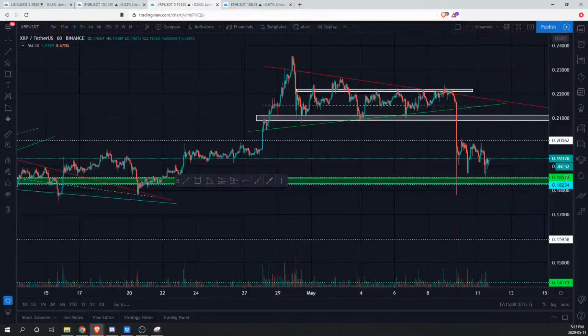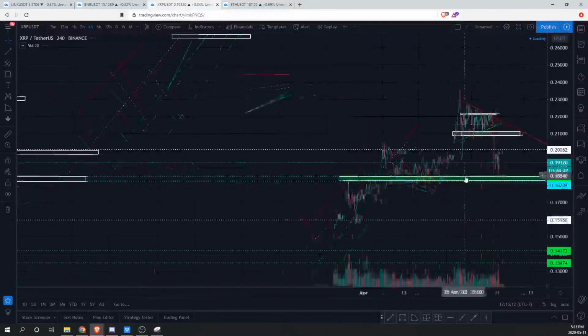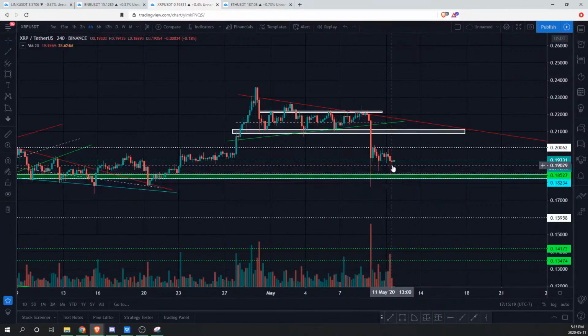All right, XRP is just in consolidation. I don't really see anything that I want to trade within this price action pattern, because I just see resistance at around 20 cents and a quite large support sitting at, let's say, 18 to 18.7.